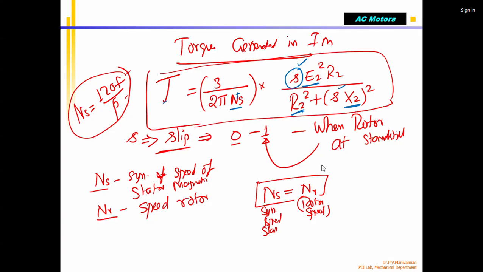Sure, sir. Now we have seen this, but the next thing I wanted to talk about in the case of the induction motor is the equivalent circuit. How did you arrive at the torque? The torque equation, when you talk about the equivalent circuit of an induction motor.